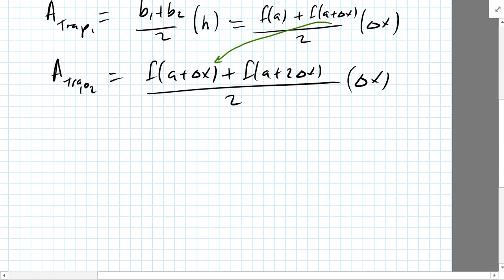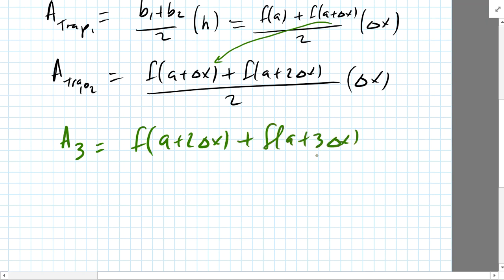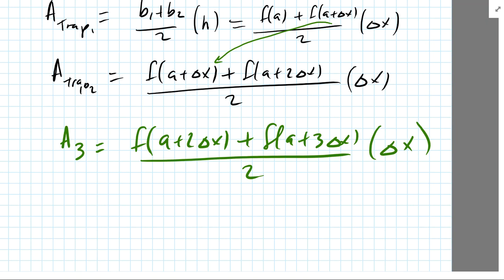Can you do trapezoids? Okay, so for area 3, is it going to be f of a plus 2 delta x's plus f of a plus 3 delta x's all over 2 times delta x? And for our last one, what's it going to equal?